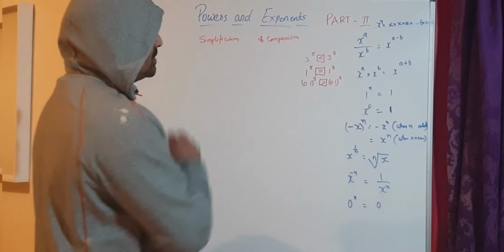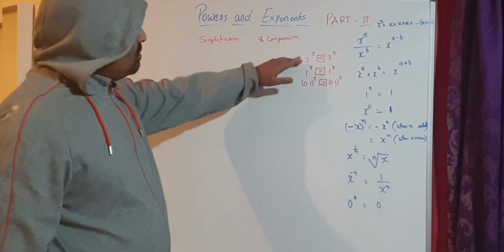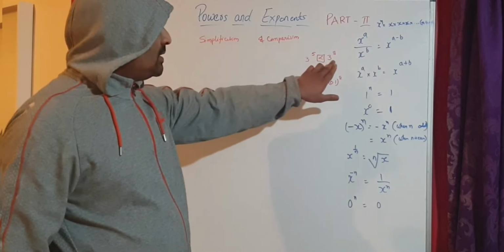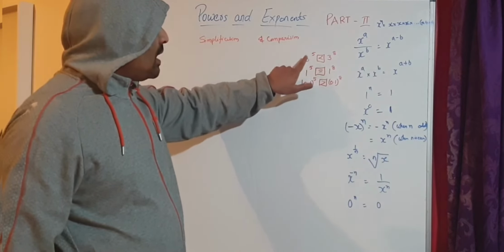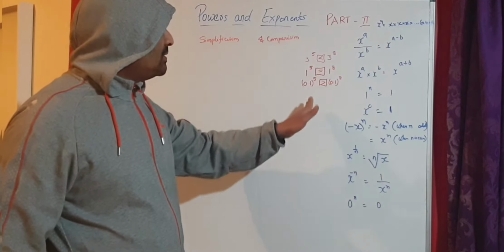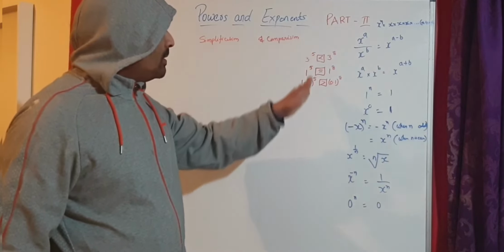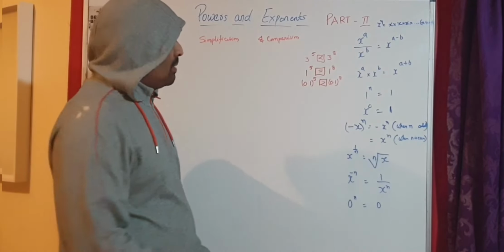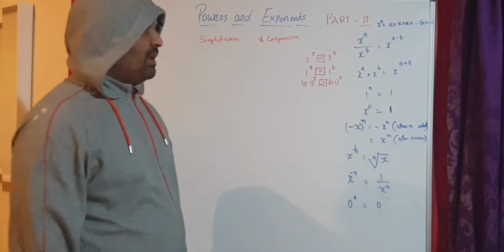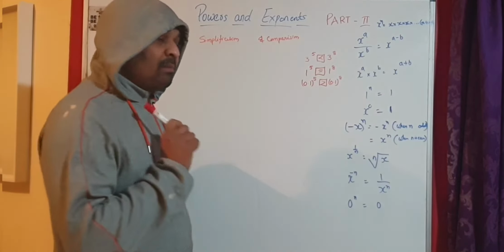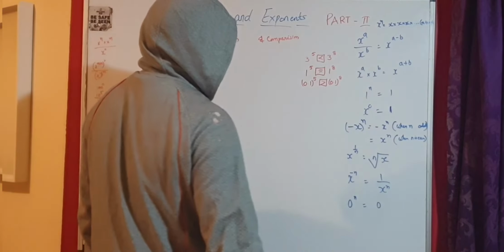So in all three cases, we have the same bases on the left side and the right side, and the powers are also the same on the left sides, and on the right sides we have the same powers, but the comparison symbol is varying. You know why it is varying?